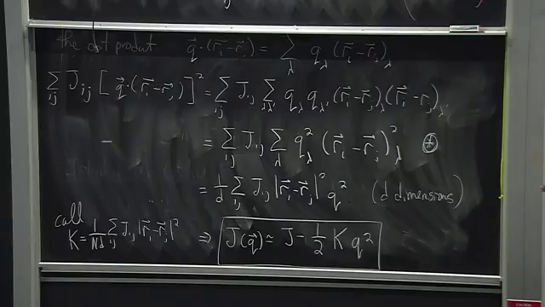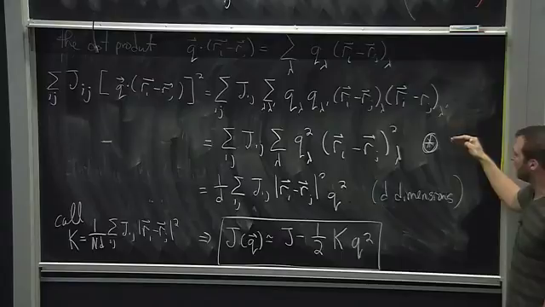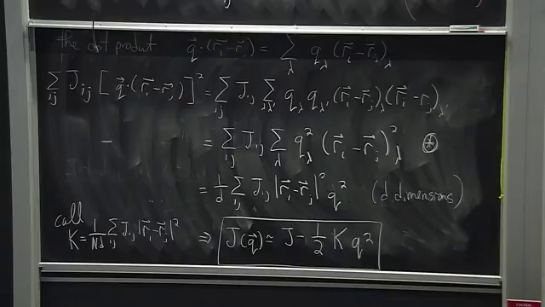But let me go back. I want to justify these steps here. If you can justify this, throwing away these cross terms, then you can write this like this, then you pull out that Q squared. That Q squared is just going to go in here. So you already see we're getting to the... You'll recognize this as the propagator for the Gaussian theory, if you've done field theory before.